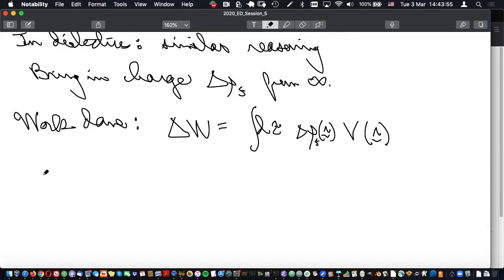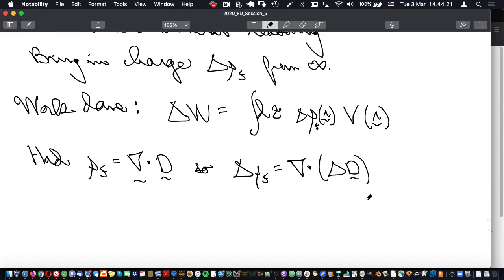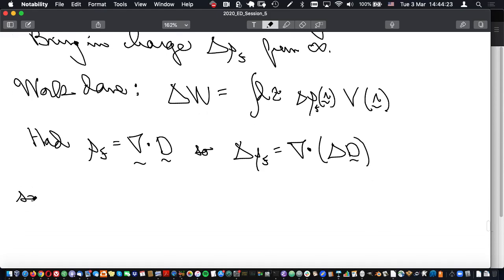But what we have is that rho free is just the divergence of D. So really the delta rho free is just the divergence of the change in the displacement. And now we can just substitute this. It's a simple calculation.